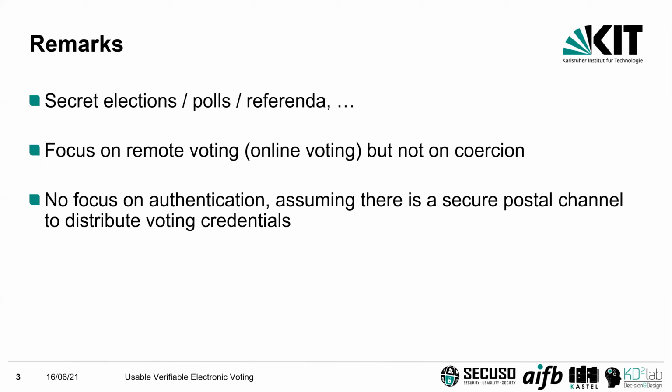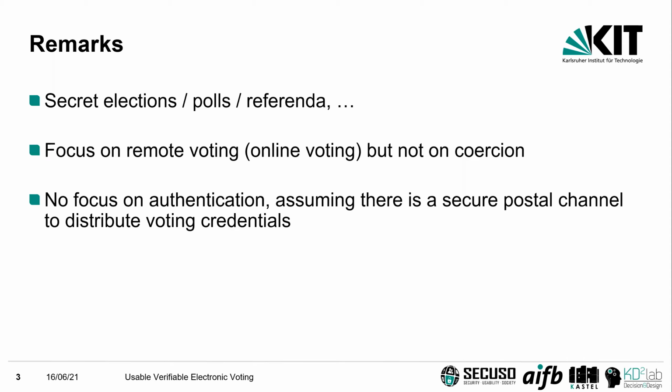However, I'm not talking about coercion, so for the rest of the talk you may just assume that online voting is an additional channel on top of postal voting. As we all know, postal voting also has some problems with coercion, but for this talk I'm not talking about coercion or even coercion resistance.